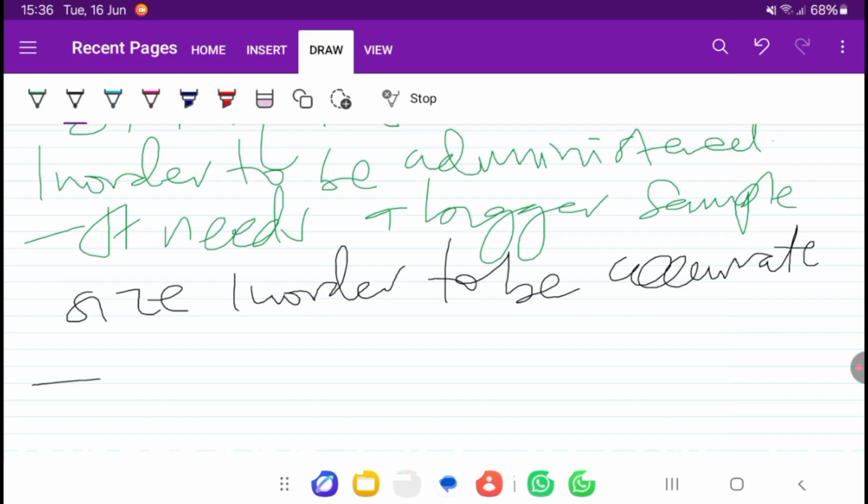Then the other is that it is difficult to administer because of the large volume of data, which is raw and unprocessed.